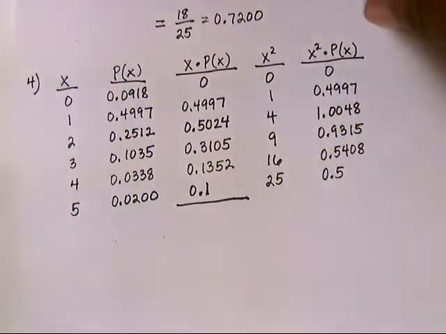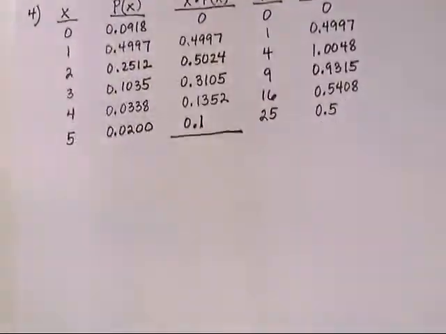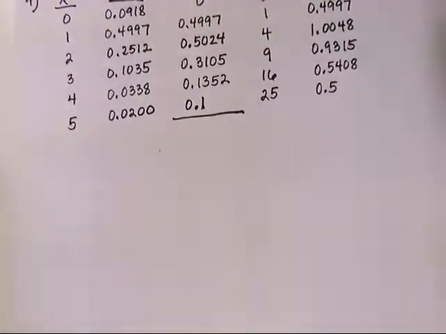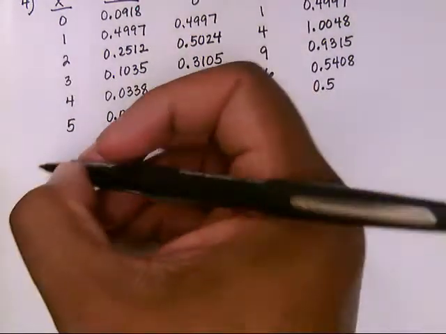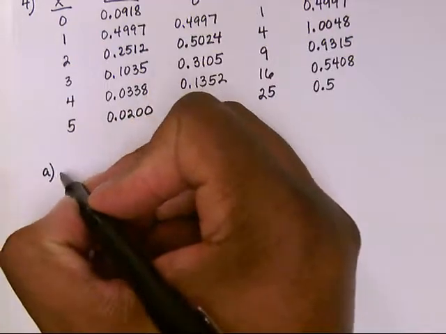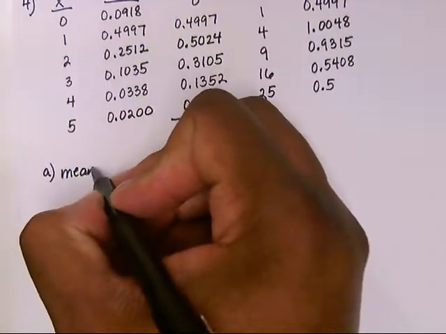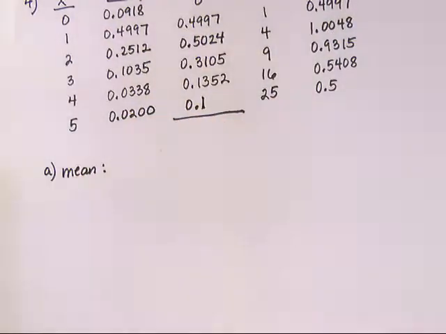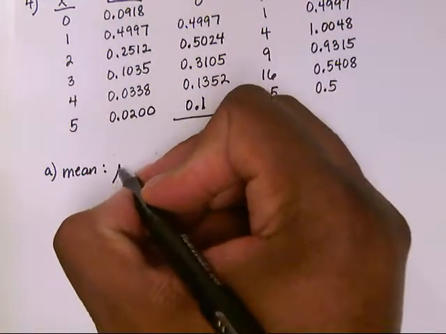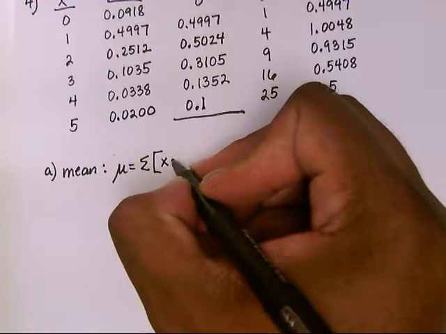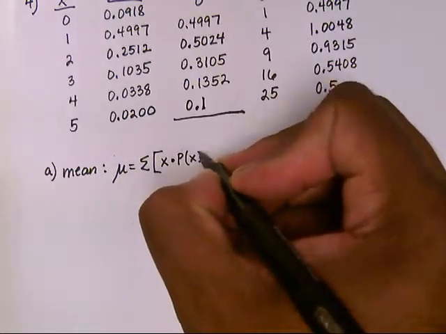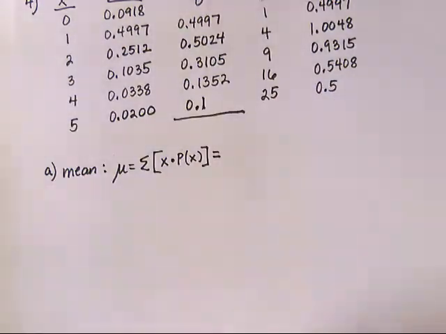Now I'm going to use that to help me find the mean and the standard deviation of the random variable x, which is parts A and B. So in part A, for a probability distribution, the mean is always going to be this. Mu is equal to the sum of x times p of x.